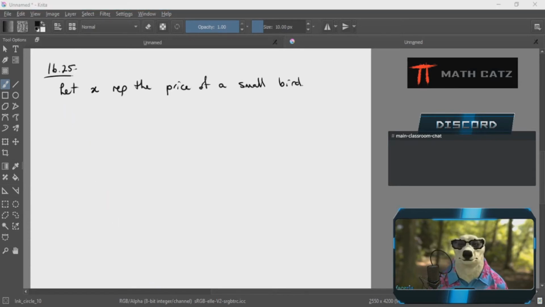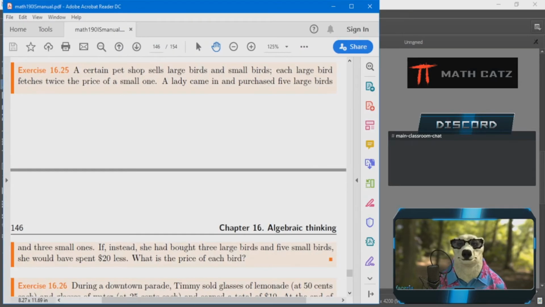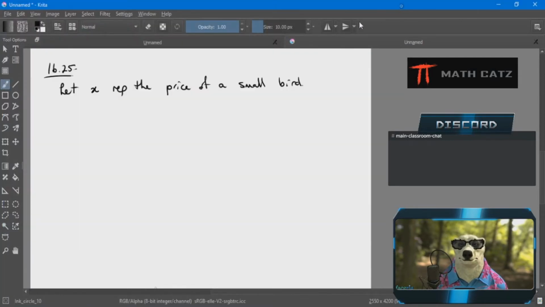Now, I don't need to define a brand new variable because the prices are obviously connected. A large bird is twice the price of a small one. So then a large bird costs 2x, twice the price of a small bird.